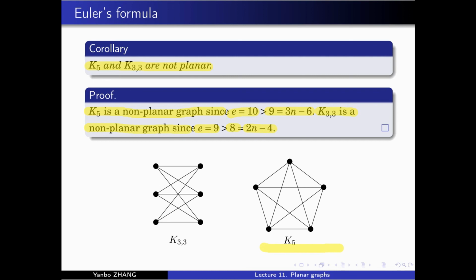So here we have e is greater than 2n minus 4. But we just learned that for a planar bipartite graph, e is less than or equal to 2n minus 4. So K3,3 is a non-planar graph.